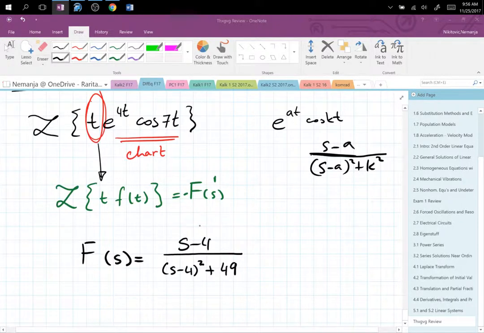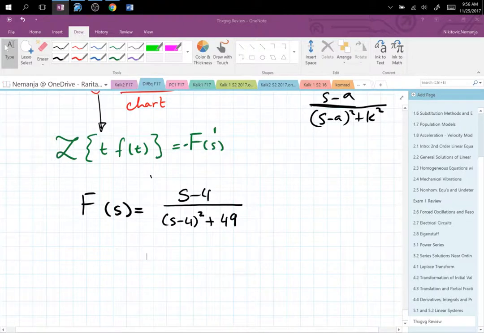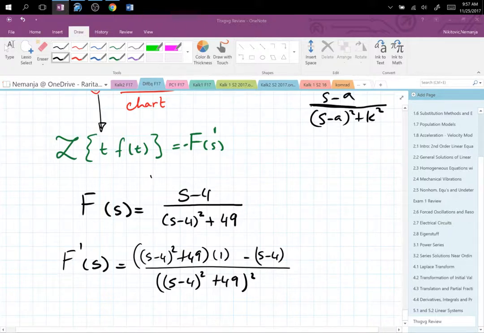So now the F prime of s is equal to, you have the whole denominator, which is s minus 4 squared plus 49, everything squared, and then on top you have s minus 4 squared plus 49 times the derivative of the top, which is 1, minus s minus 4 times the derivative of this, which is 2 times s minus 4.